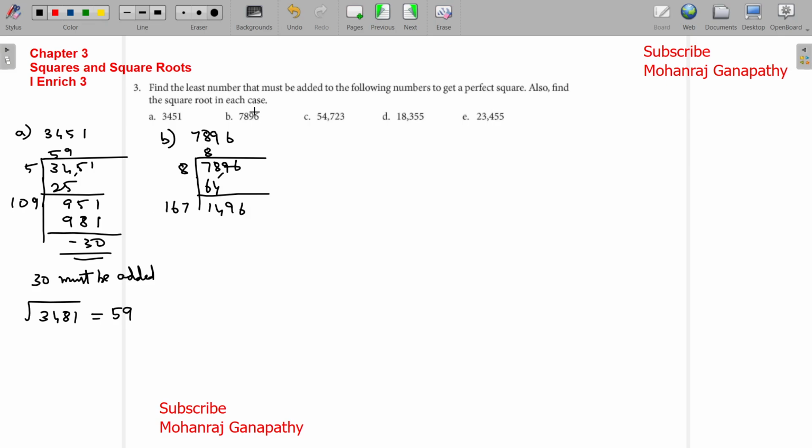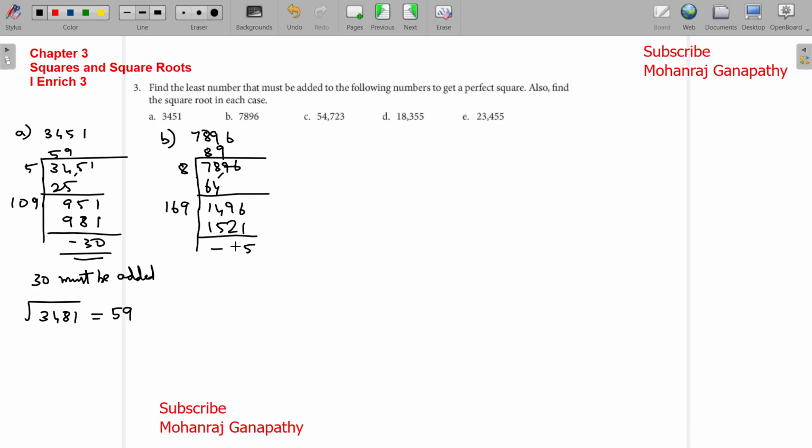Can you go with 8? 9 nines are 81. 9 sixes are 54. 54 plus 8, 62. 9 plus 6, 15. So what is remaining?